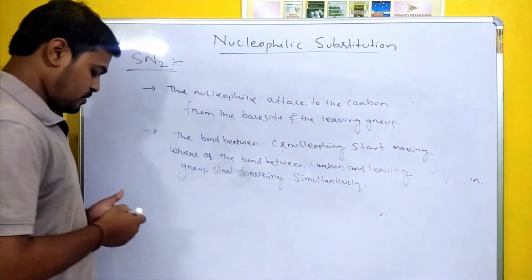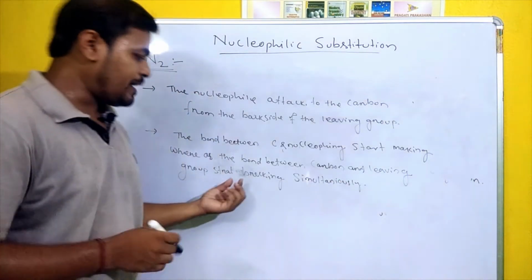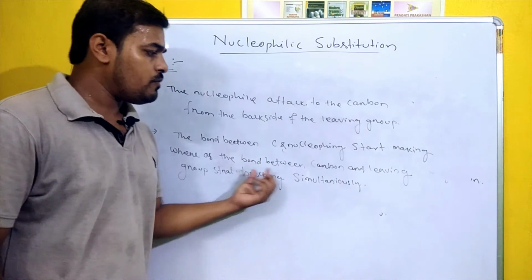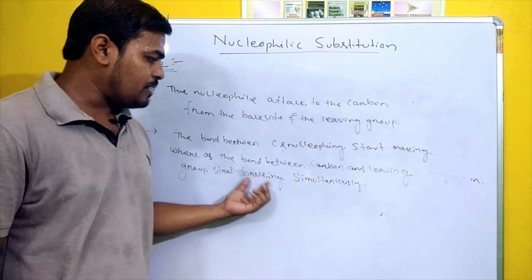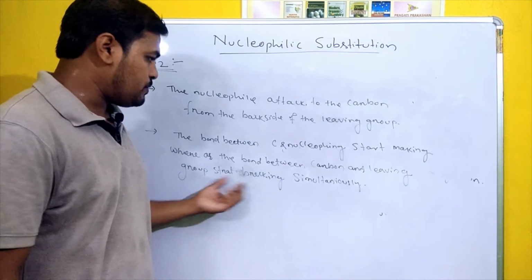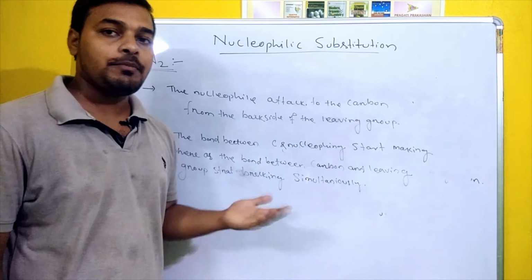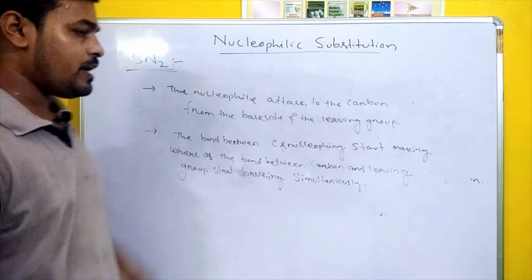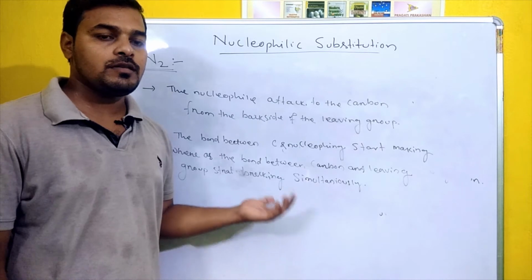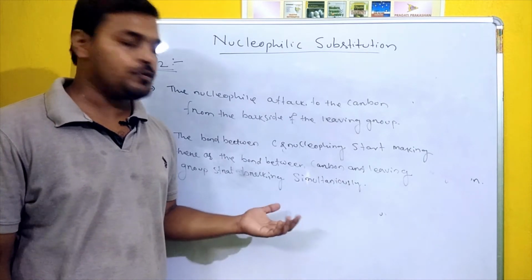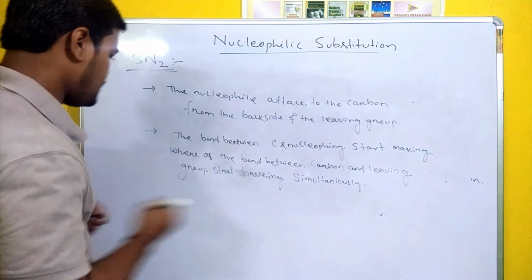That means the nucleophile-carbon bond starts forming, and the carbon-leaving group bond starts breaking simultaneously. The nucleophilic attack and the leaving of the leaving group are simultaneous.